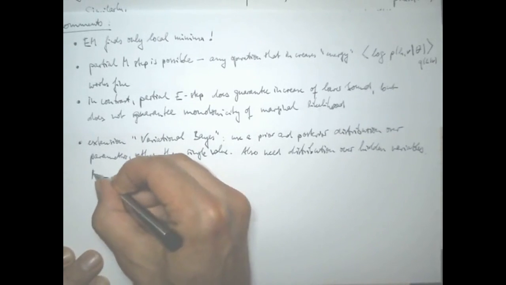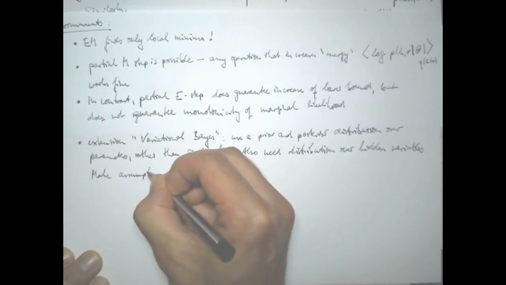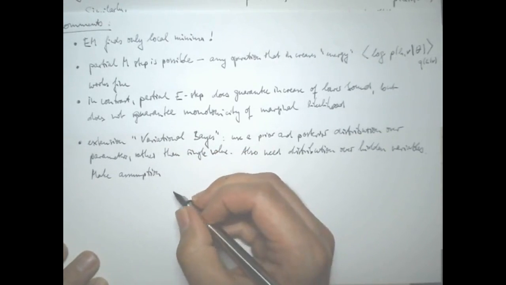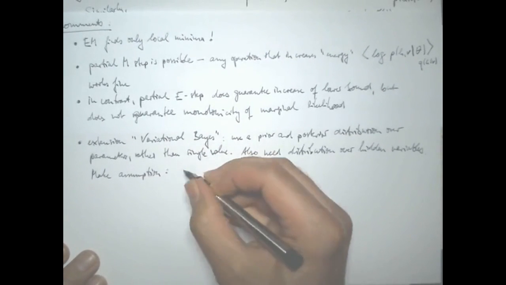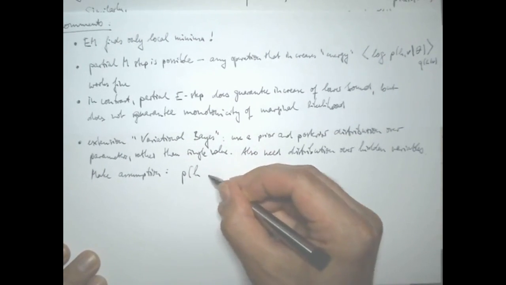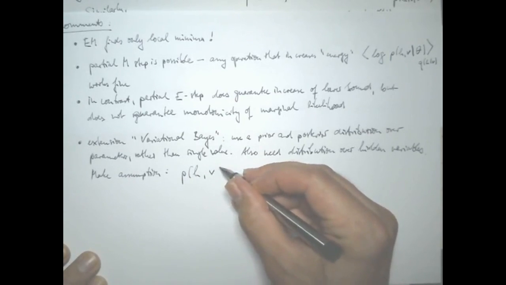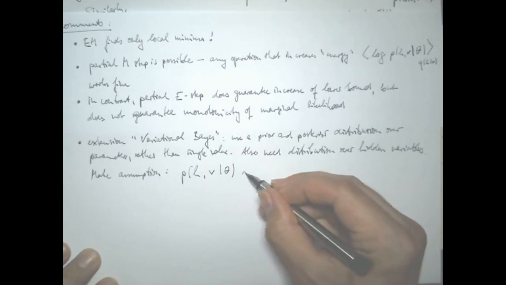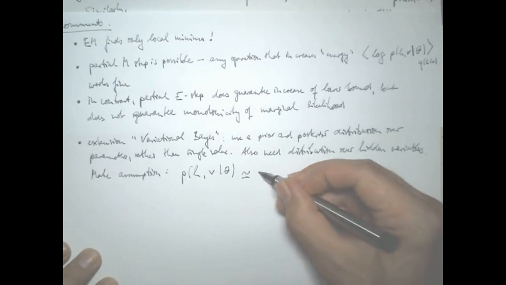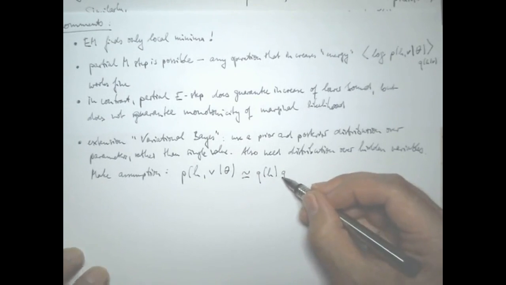And the following independence or factorization assumption is then usually made, namely that your distribution over hidden and visible variables given your parameters can approximately be factorized as follows. So as a product of an independent distribution over H and an independent distribution over your visible variables.